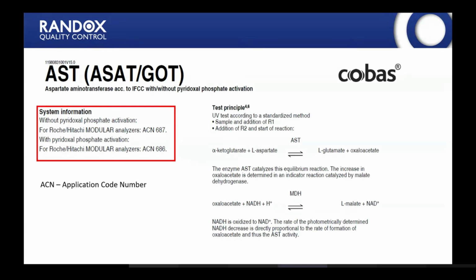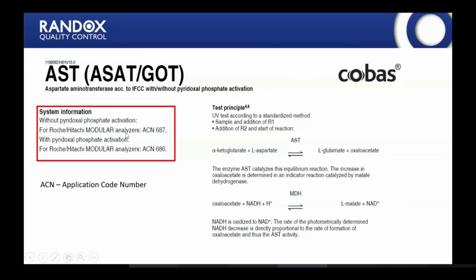A second situation is with AST. This is Roche in this case, where you have the use of the same kit for two different purposes: with pyridoxal 5-phosphate, or with and without activation.